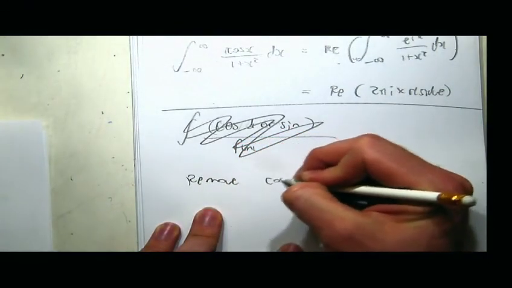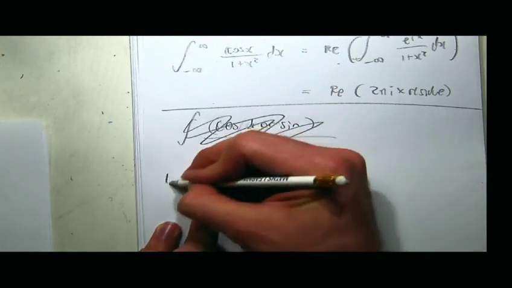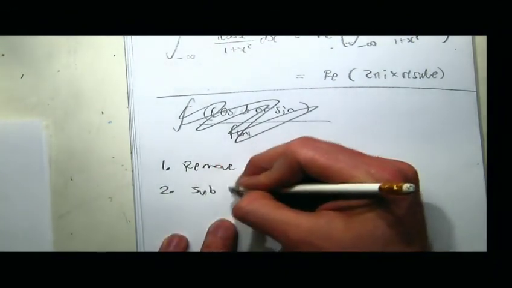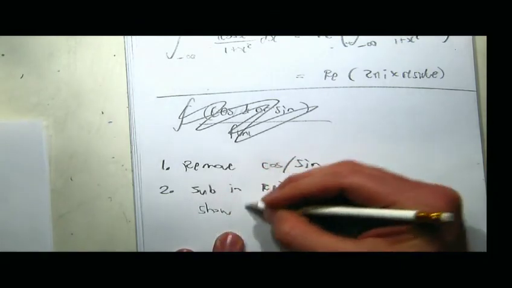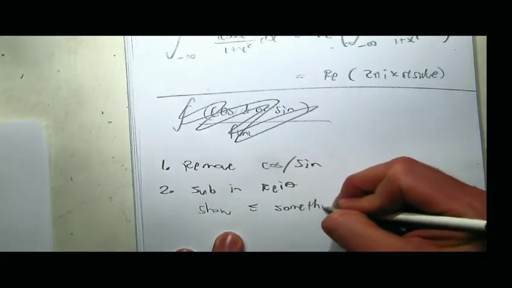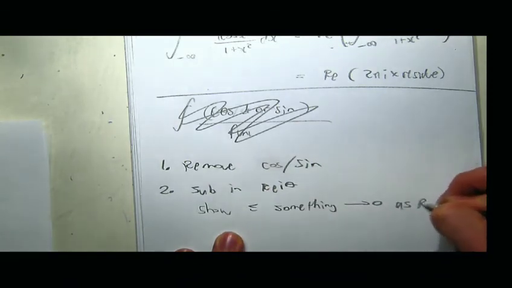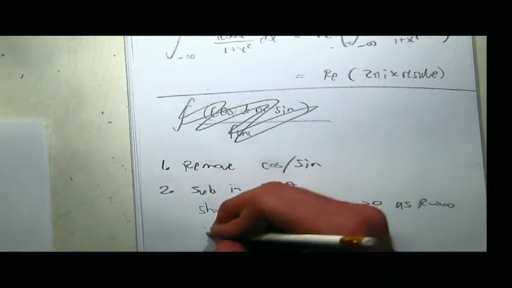First step was to remove all the bits involving cos and sine. And the second step was to, with that part removed, sub in re to the i theta. And then we had to show that that's less than or equal to something which goes to 0 as r goes to infinity. That was our goal.